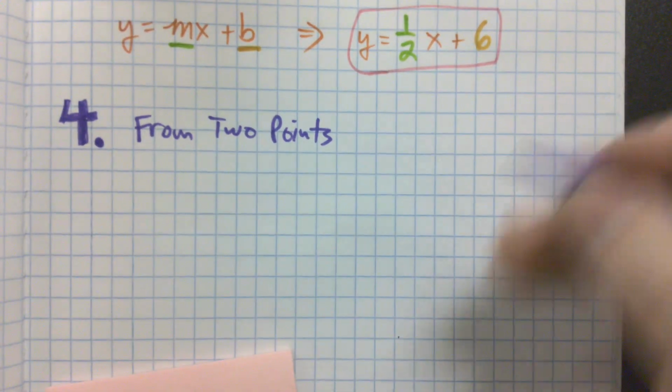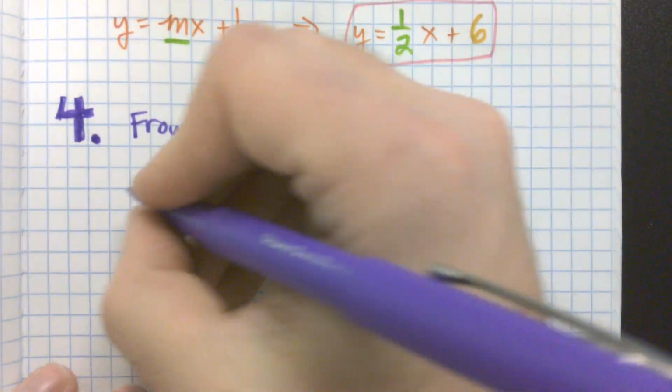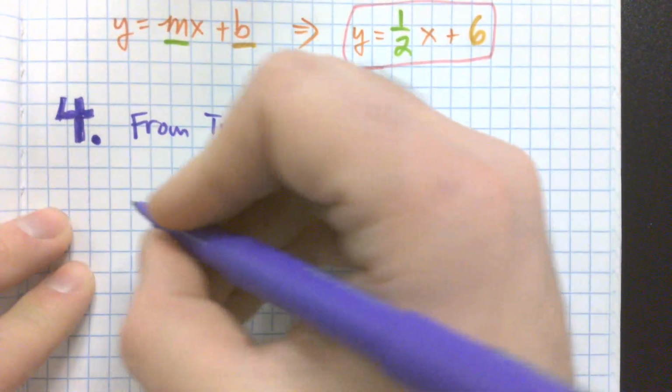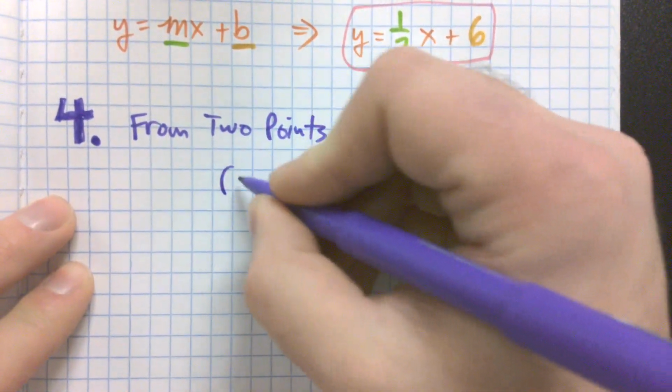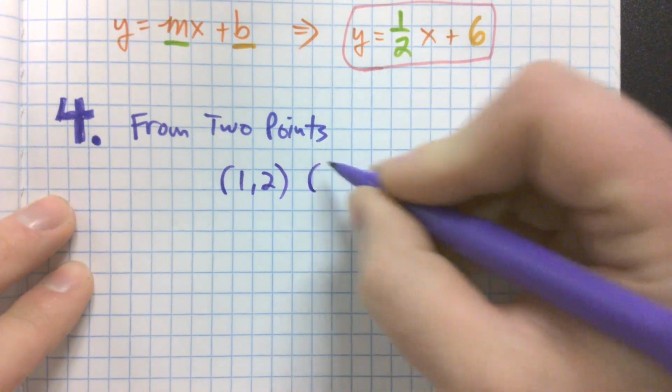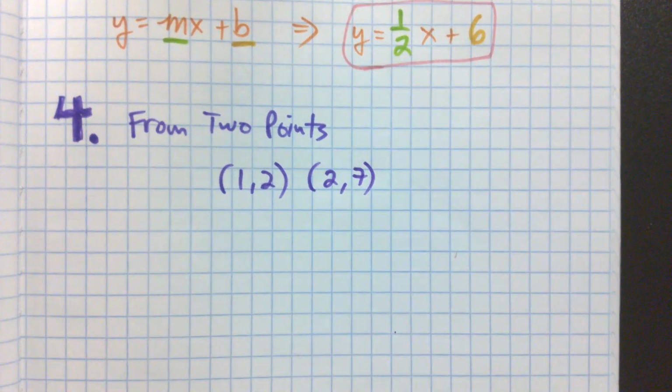Okay, that'll work. So let's say we've got the 2 points: 1 comma 2 and 2 comma 7.